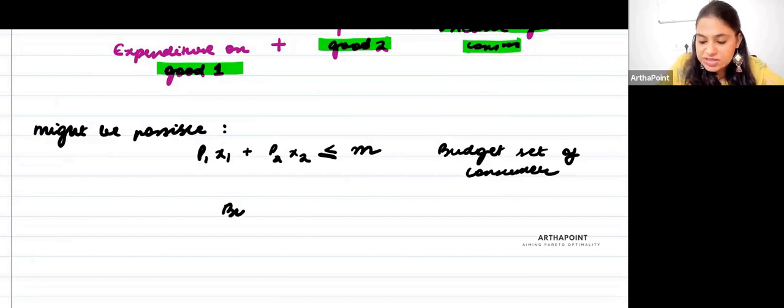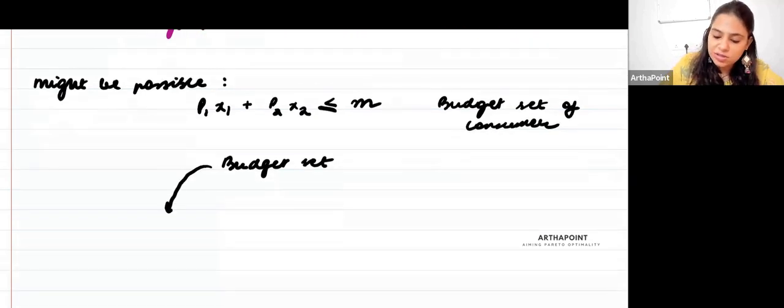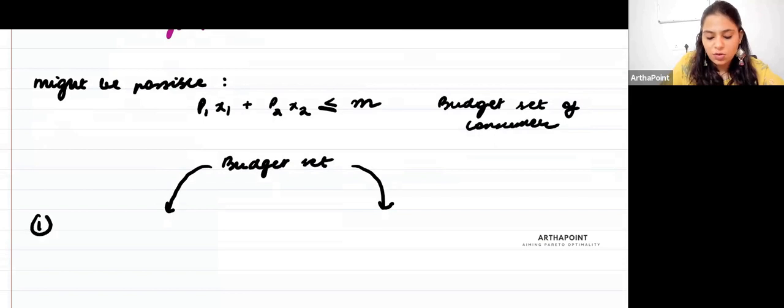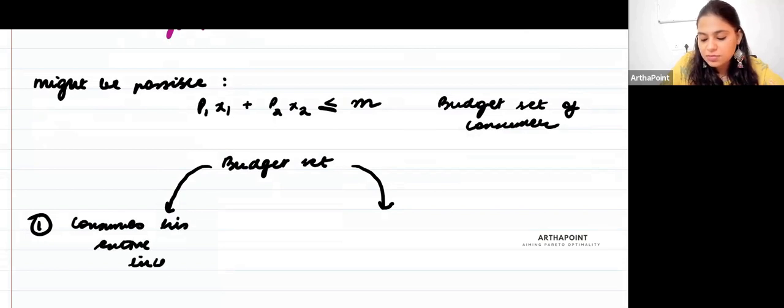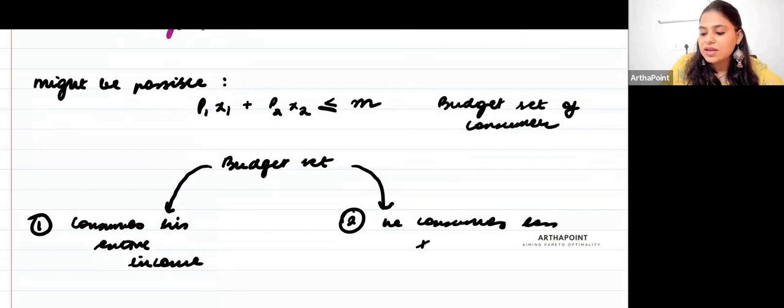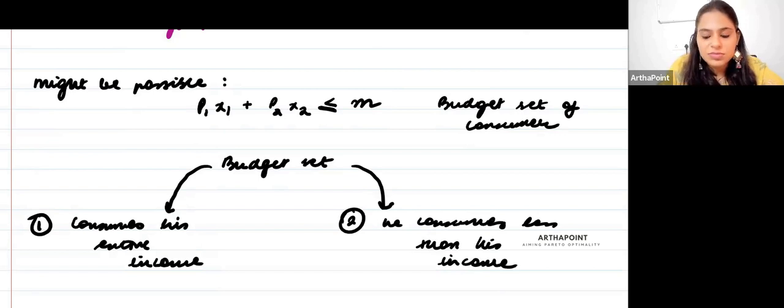So the budget set of the consumer has two kinds of points in it. One, where the consumer consumes his entire income, and two, where he consumes less than his income. Either he is consuming his entire income or he is consuming less than his income. Both these bundles are included in the budget set.